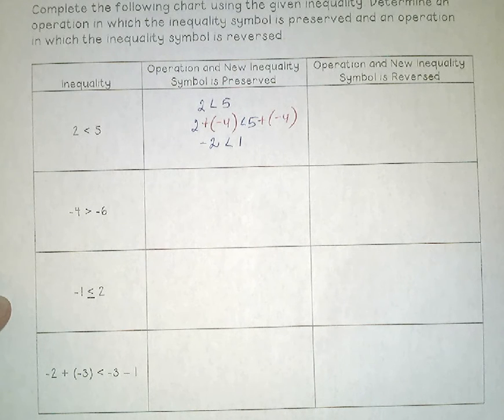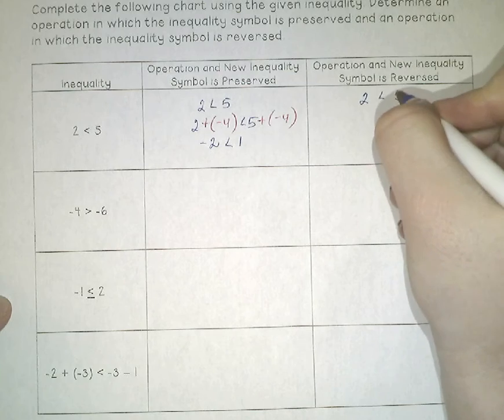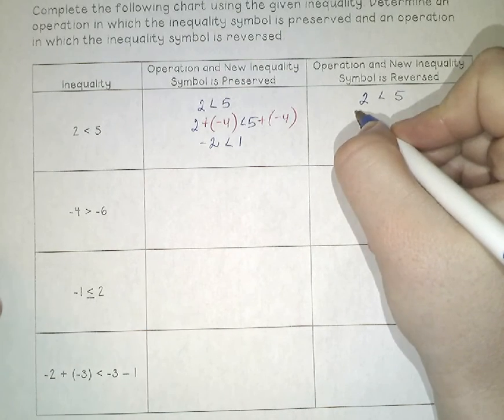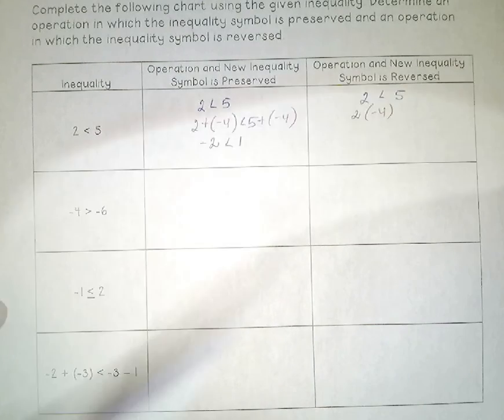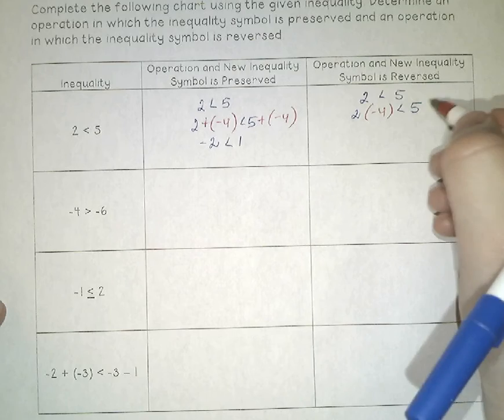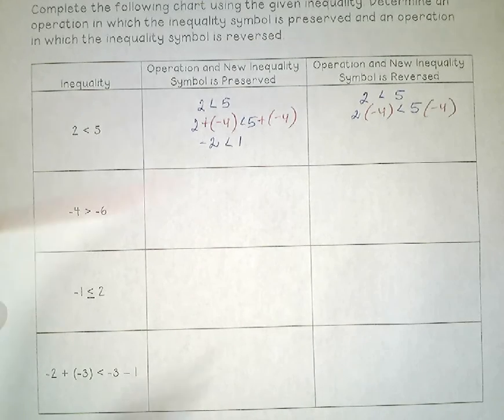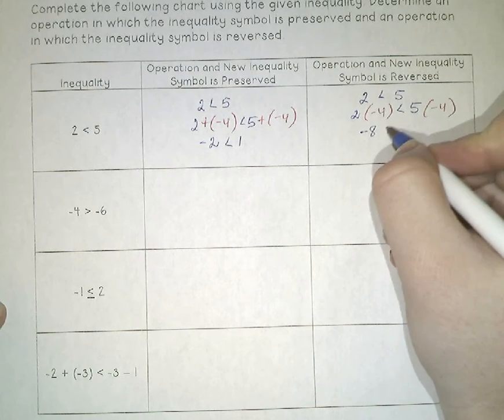I would reverse the sign when I multiply by negative 4. Instead of adding negative 4, I will multiply both numbers by negative 4. So 2 is less than 5. And now I'm going to multiply 2 by negative 4 and 5 by negative 4. 2 times negative 4 is negative 8.